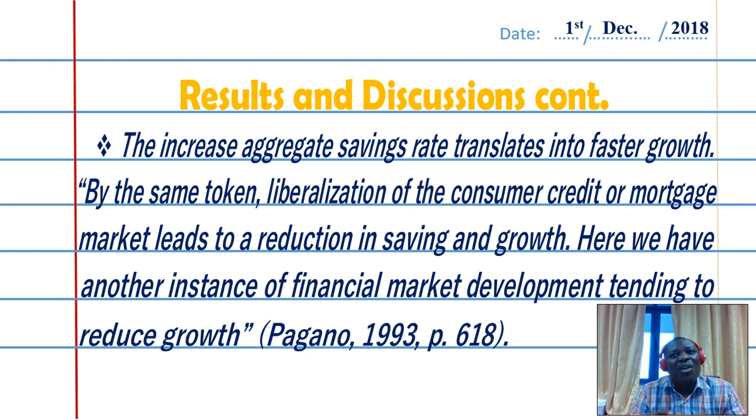So you have few people, especially high net worth individuals, actually engaging in savings. A majority of households would not save because they have access to credit facilities as provided by the financial market. So financial market development in some way reduces savings growth for households.